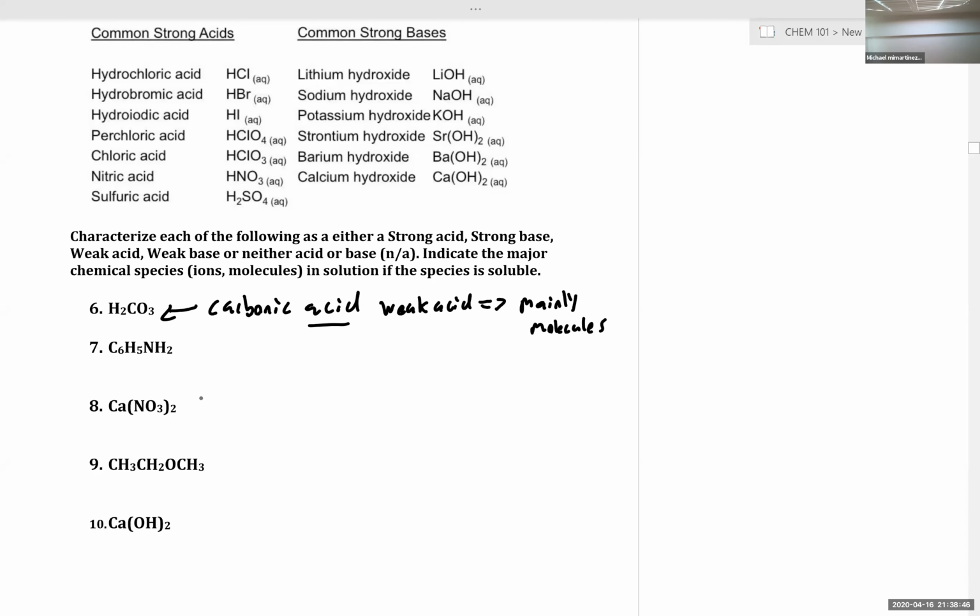Okay, let's look at the following compound. Looking at this NH2 fragment, we have an amine fragment, and an amine fragment signifies what type of compound? Acid or a base?